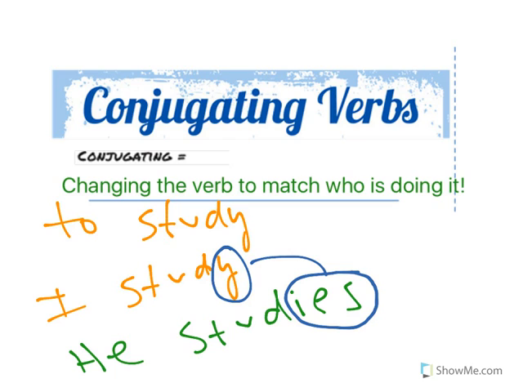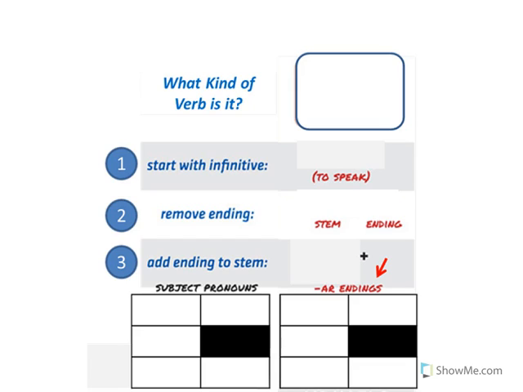Well, that is conjugating. We're changing the verb to match that person, because you could not say he study. And the same thing with I. You couldn't say I studies. That's conjugating.